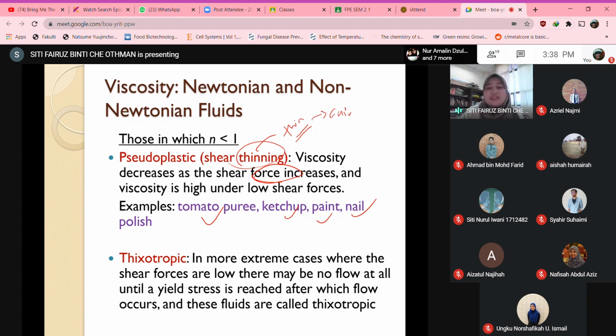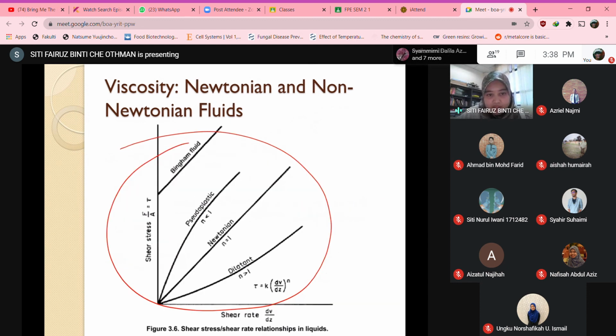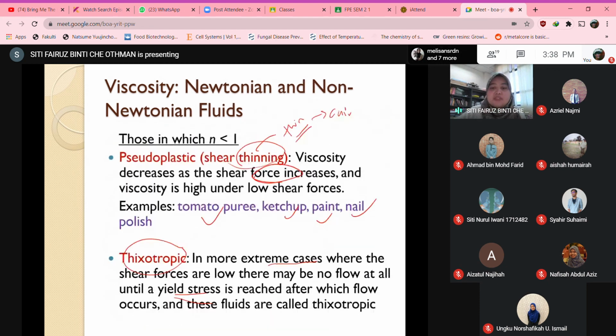Kalau thixotropic, in extreme cases, ni rare cases lah, where the shear force are low, there may be no flow at all until a certain yield stress. Thixotropic ni macam Bingham juga. Let's say kita apply force, dia punya viscosity tak change.